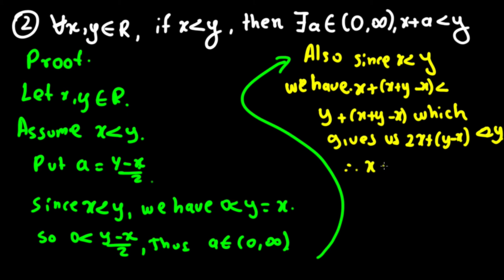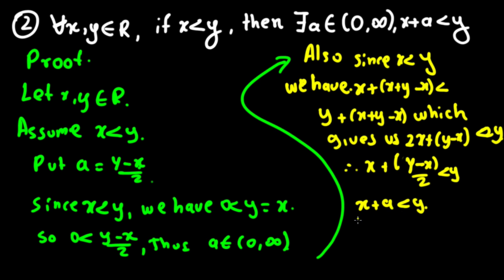Therefore x plus (y minus x) divided by 2 is less than y. In other words, we can say x plus a is less than y.